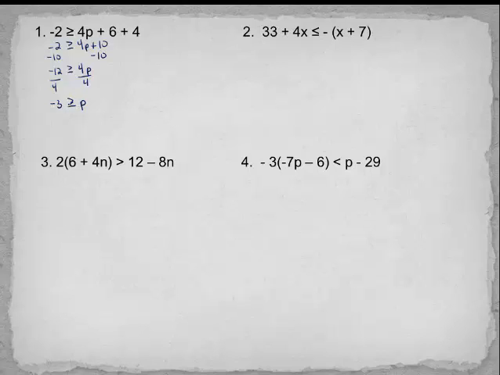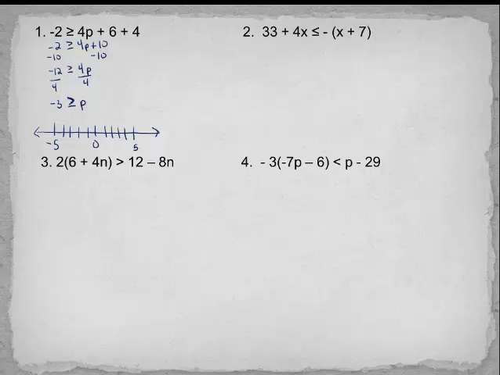Now the reason I like this problem is because you may have been told in the past to shade the direction that the arrow points. That only works if your variable is on the left. In this case, our variable is on the right. So we have to be very careful in which direction we shade.